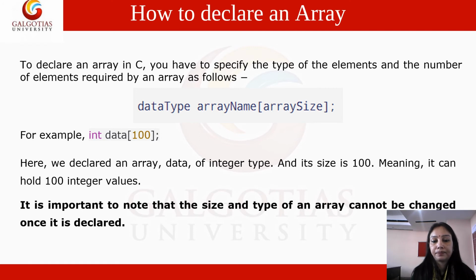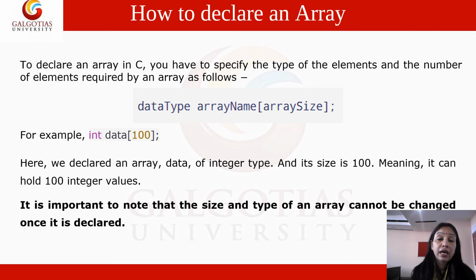in an array. Clear? Similarly, according to your requirement, you can declare your array as a float or as a character. And here one thing is very important: once you have declared your array with that size and the data type, it cannot be changed, meaning it will occupy that memory location.